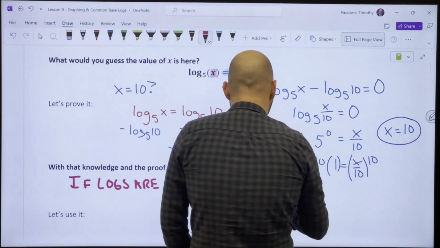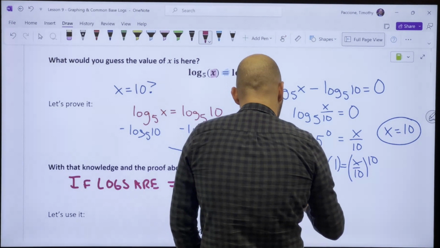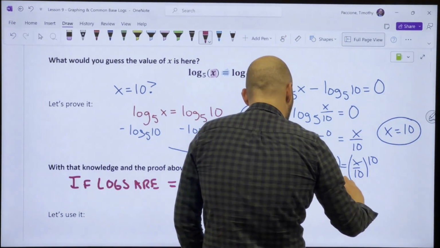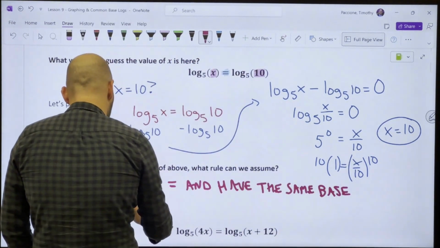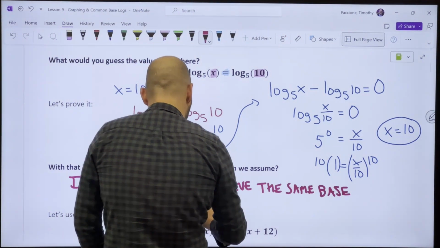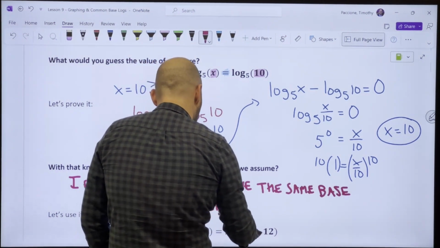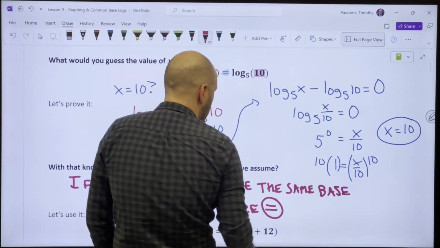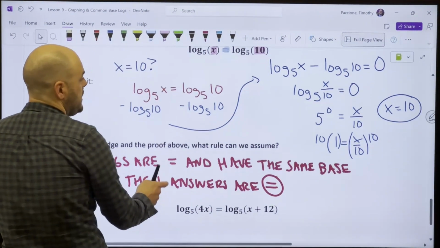Yep, very important. The same base. Then their answers are equal too. Right? You can make a very complicated thing become very simple.